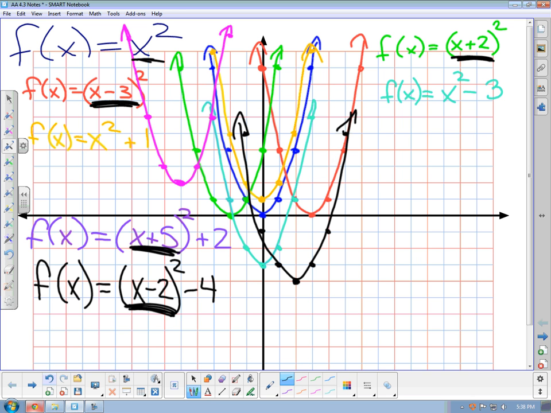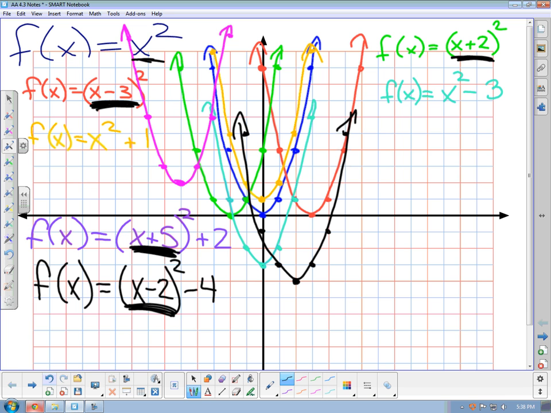It is to the left 5 places as far as the x value is concerned. With the black one, it is to the right 2, and the green one is to the left 2. So when it is something that is impacting the x, meaning it's with the x, the opposite thing is happening to your graph. So it is shifted the opposite way. Left 5, right 2, right 3, and up 2.